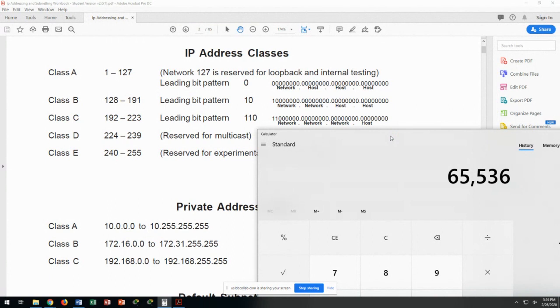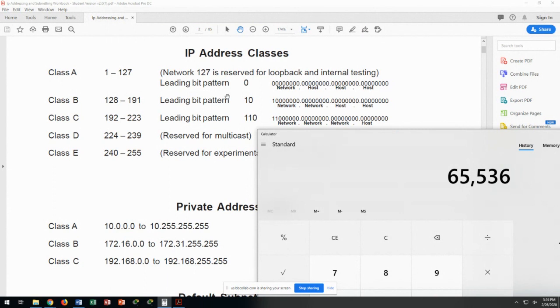Because it's a Class C, if the first 3 digits match, they're on the same network. So we've got 0 to 255, which means 256 different networks, and then 0 to 255 on each of those networks. So we have 256 networks with 256 IPs.